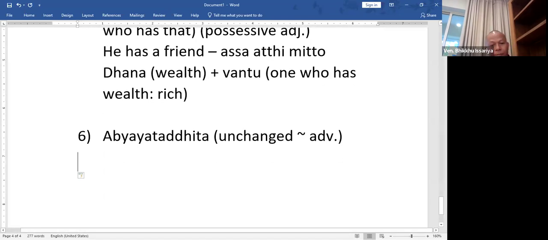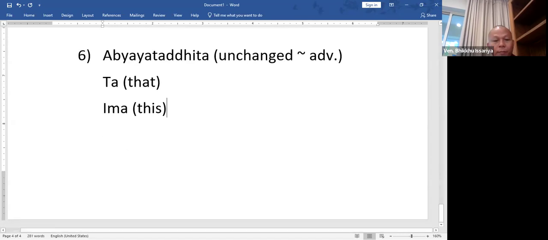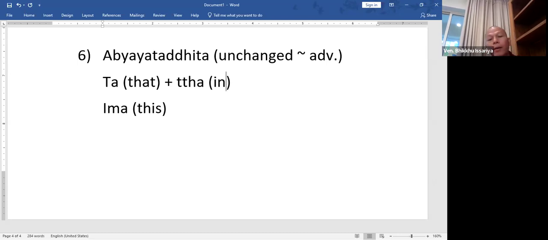So here is an example. Ima means this. And then ta: ta is a surface, in a place.